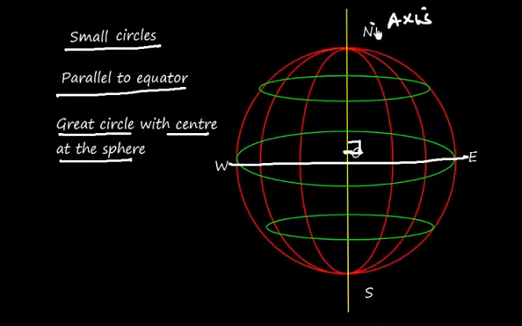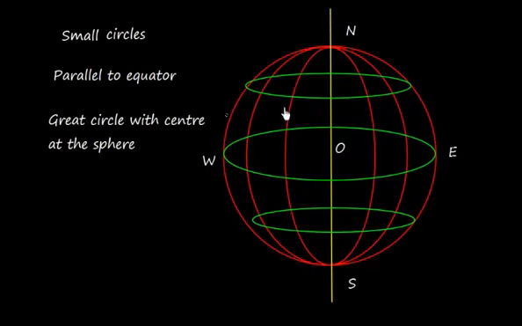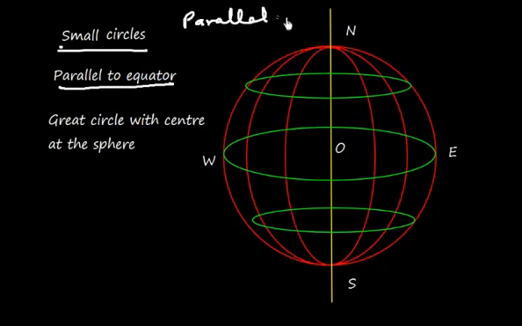This line, north and south, is the axis. So the equator is perpendicular to the axis, and this is a great circle, and all other small circles which are parallel to the equator are called parallels of latitude.